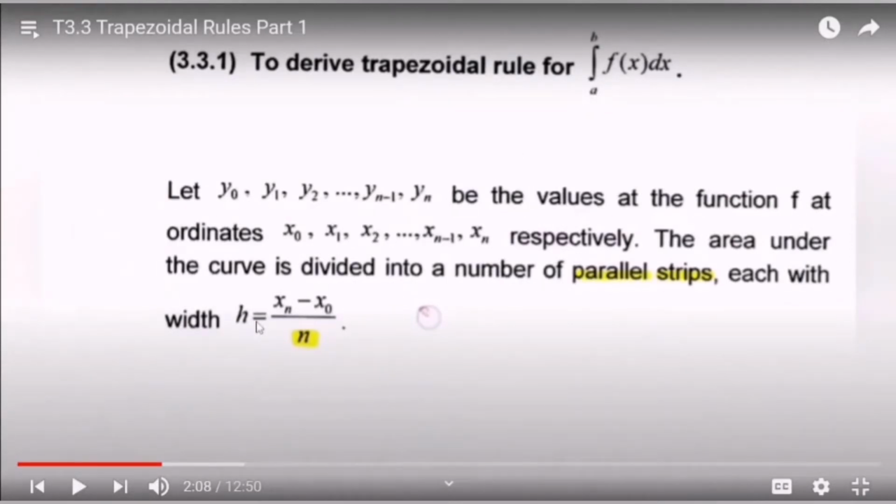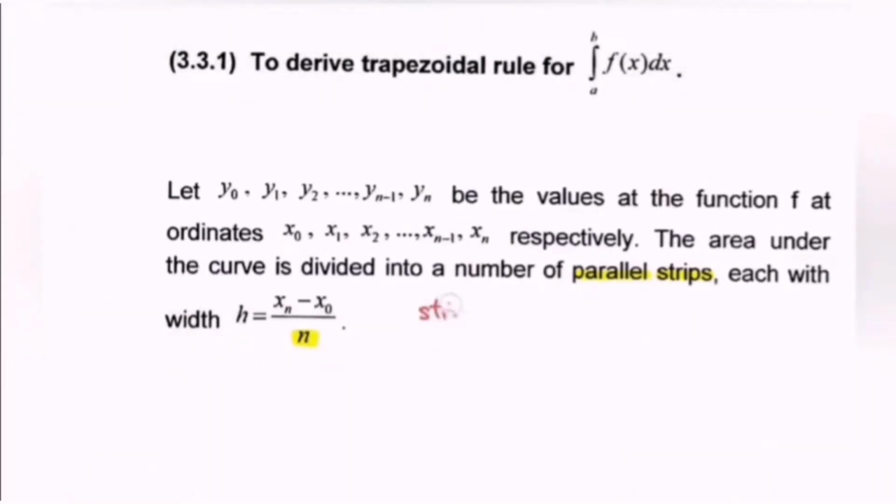So kejap nanti saya akan bagi tahu you macam mana dapat h. Apa maksud h? Okay? So continue. What is n? n is a strip, or the subinterval, or the parts. So where we have the formula in finding the h.